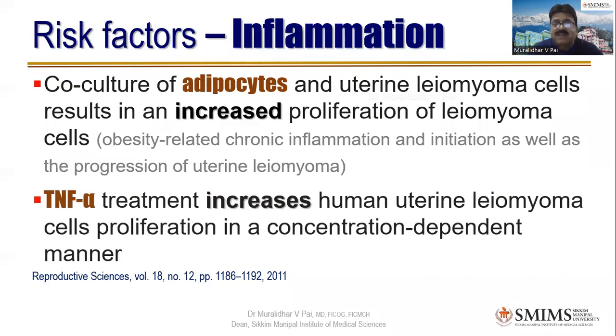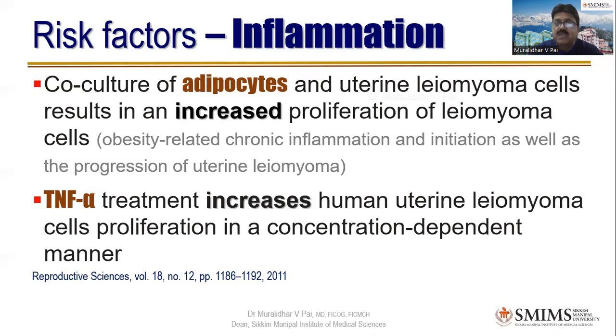TNF alpha treatment, now to make it complicated, you throw some nice high-sounding words in the answer sheet. So the examiner gets scared and he'll give you more marks. TNF alpha treatment increases human uterine leiomyoma cell proliferation in a concentration dependent manner. It means the same thing. These are all inflammatory markers, isn't it?